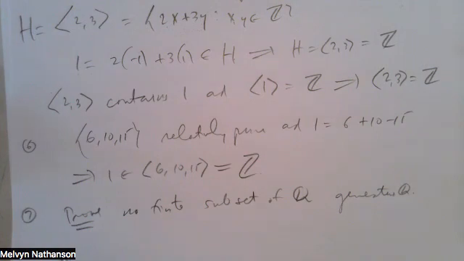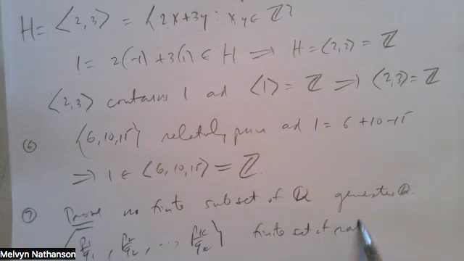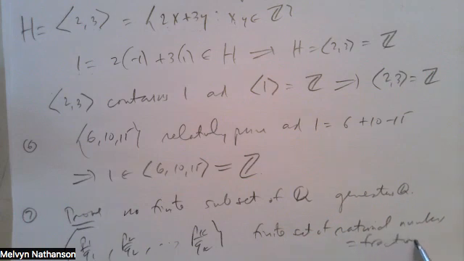So suppose we take a finite set of fractions. So suppose we take P1 over Q1, P2 over Q2, let's say PK over QK. So this is a finite set of rational numbers. It's just another name for fractions.